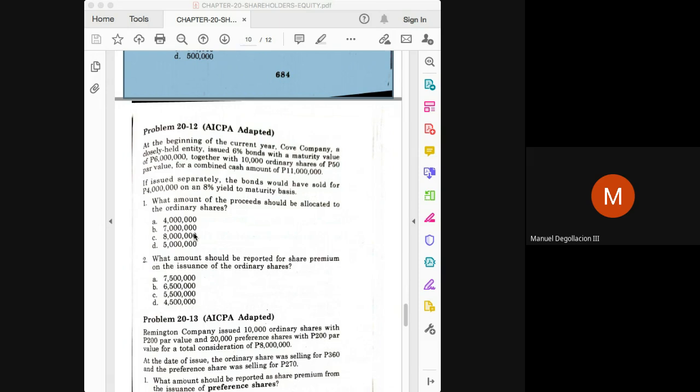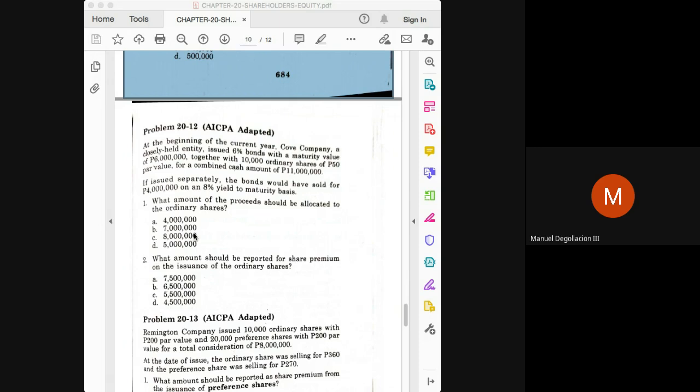So basically, we have issued two kinds of instruments: a debt instrument, the bond, and your equity instrument, which is your shares. But they were sold for a basket price. You have a single price for these two instruments.